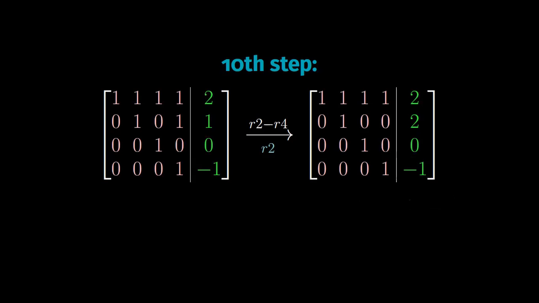Now we only need to work on the first row. We need to eliminate one after the other the numbers 1, 1, and 1. But which ones? This, and this. Let's start by the last, this one.